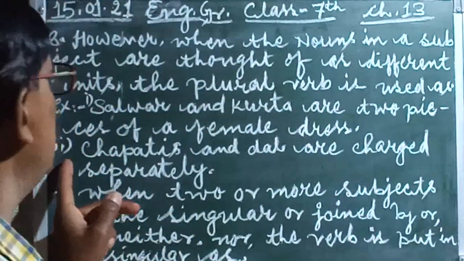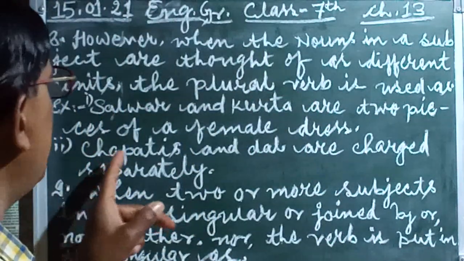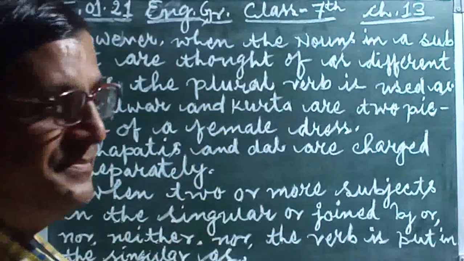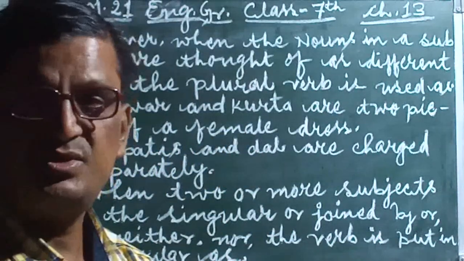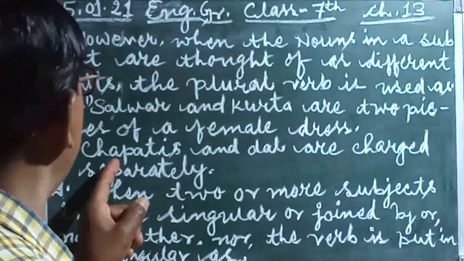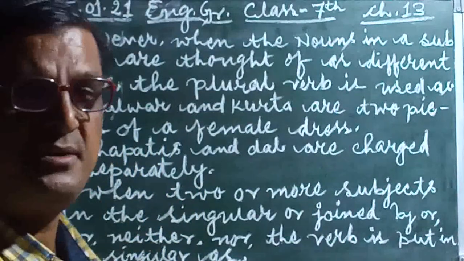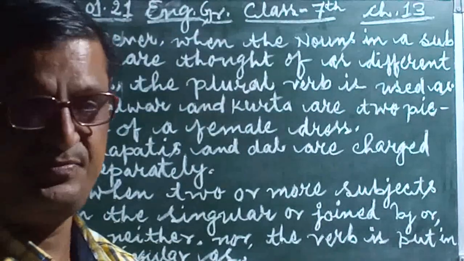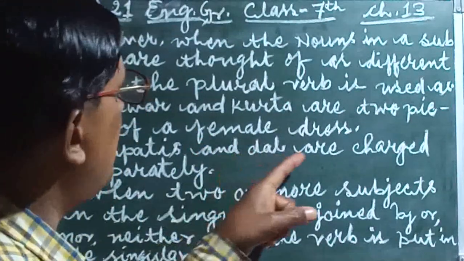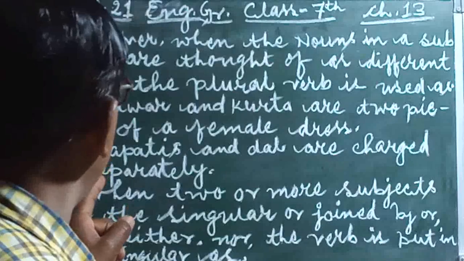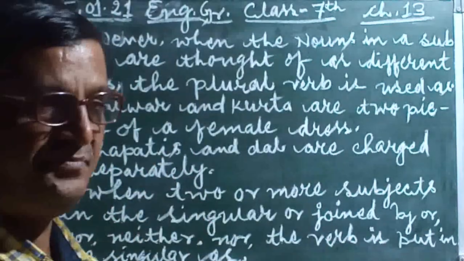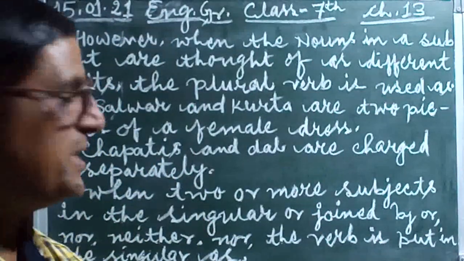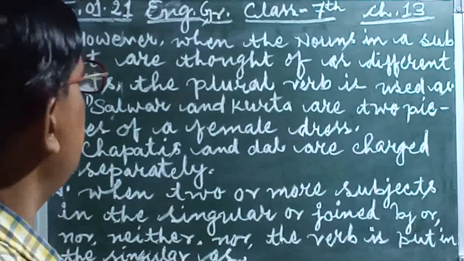Another example you can see, chapatis and dal. Chapatis is in plural number, and it is used as a singular number also, and dal, they are charged separately. So what are we getting here?